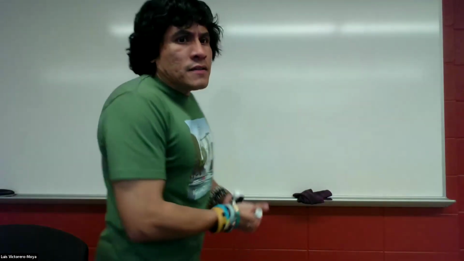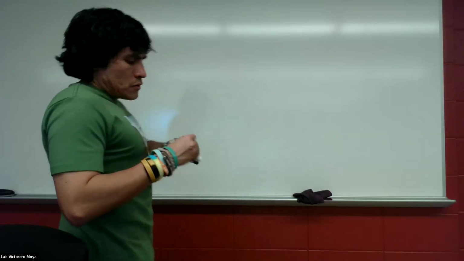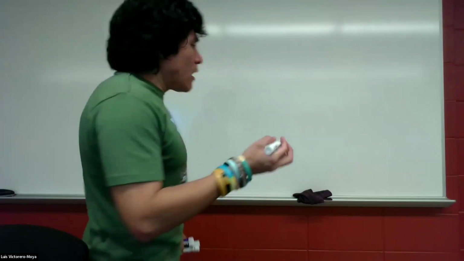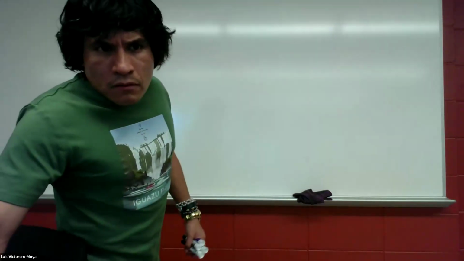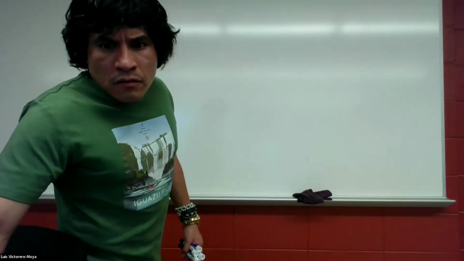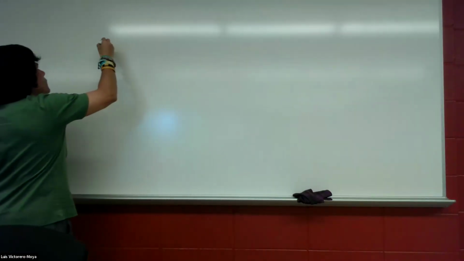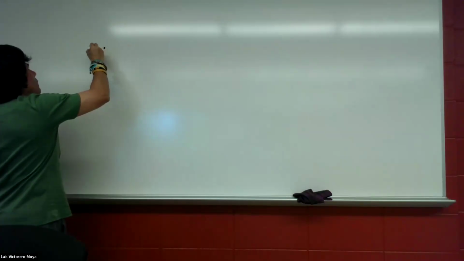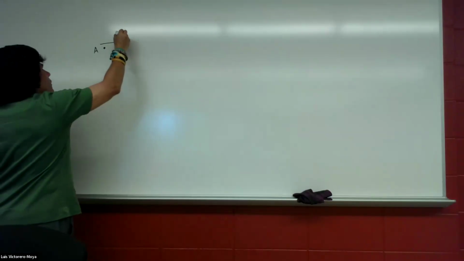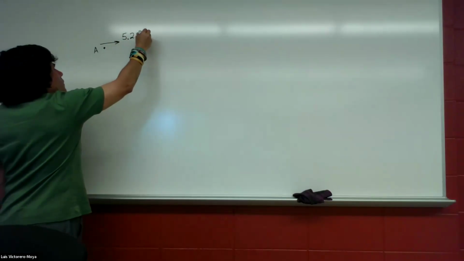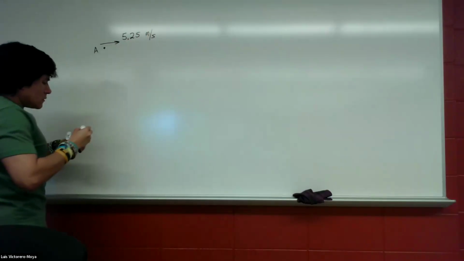It's a problem where you have the bat and the insect. So I'm going to use similar numbers to what you have in the problem. So you have a bat flying at 5.25 meters per second.